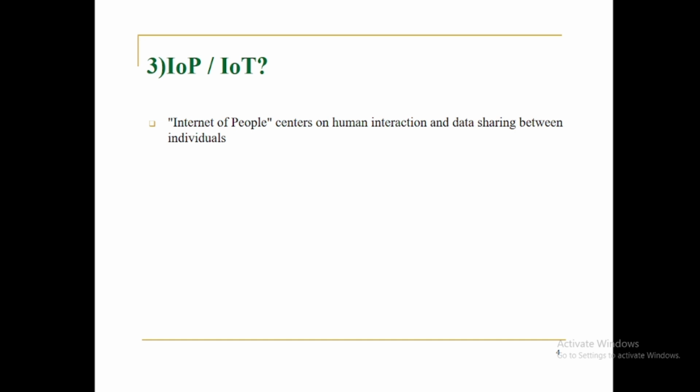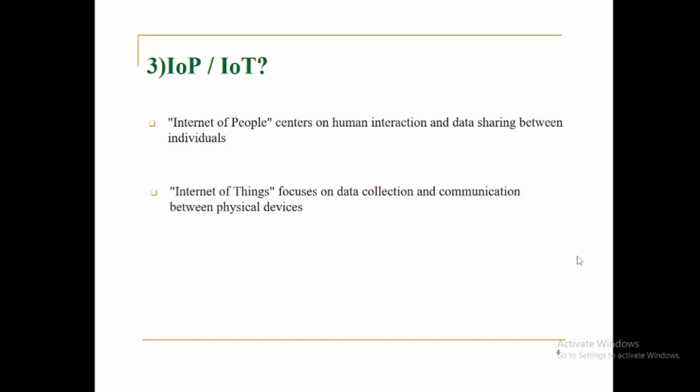So this is often referred to as the Internet of People, where people are the main component of this network. However, as technology evolved, people began to ask, can devices communicate and share information without human interaction? This is the question that gave birth to the Internet of Things.